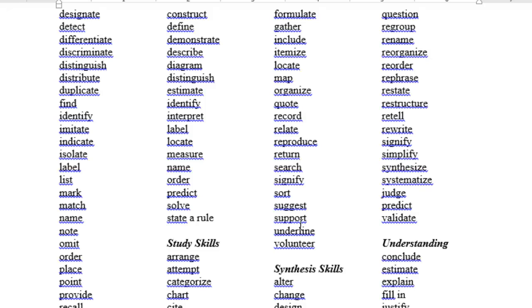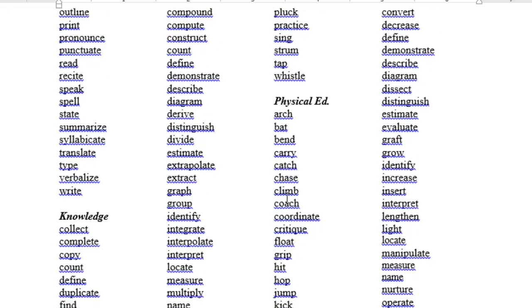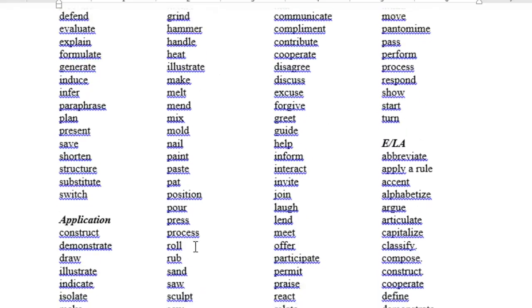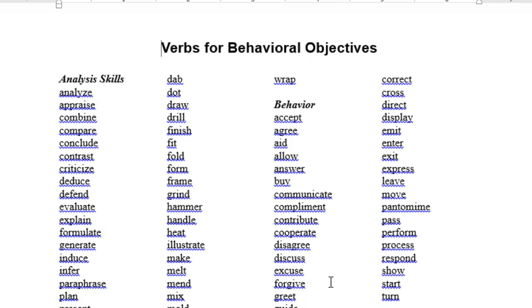But you can see these are action verbs: match, initiate, label, define, order, collect, complete. So your objective should have an action verb in there because these are measurable. So keep that in mind.